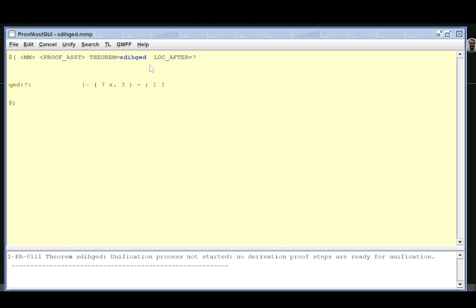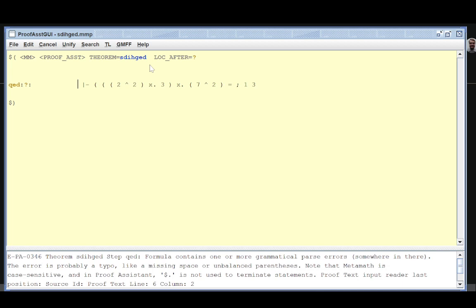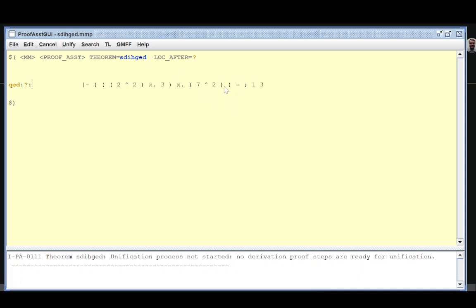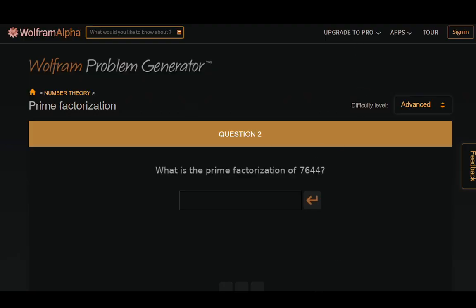Okay, so 2 squared times 3 times 7 squared, okay, times 13, put that in here, and then that needs to be closed off. And then, what was it equal to? Equal to 7644.